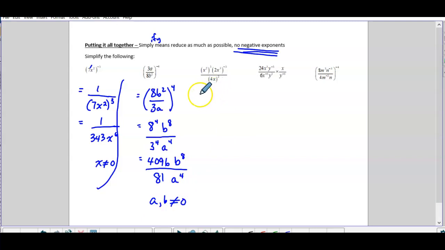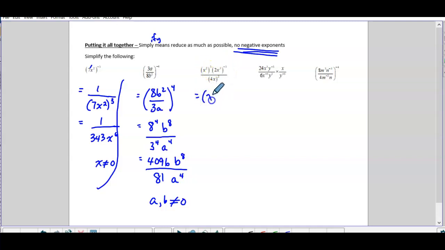All right, next one, there's a few things to do. So it's one fraction. So we need to figure out the numerator first because it's a couple of powers and a multiplication. So if you think about order of operations, brackets is first, nothing to do inside the brackets. Then exponents, lots of exponents.